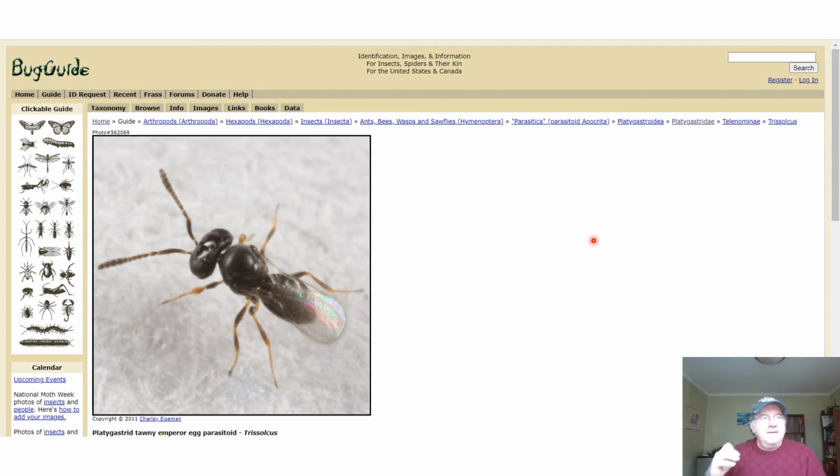But you have to consider the sources here. And actually, if you look at the history of identification of this picture, you see that at one time it was placed in Telenomus, then somebody who thought they knew better changed the identification to call this a Trissolcus. So Bug Guide has errors, of course.